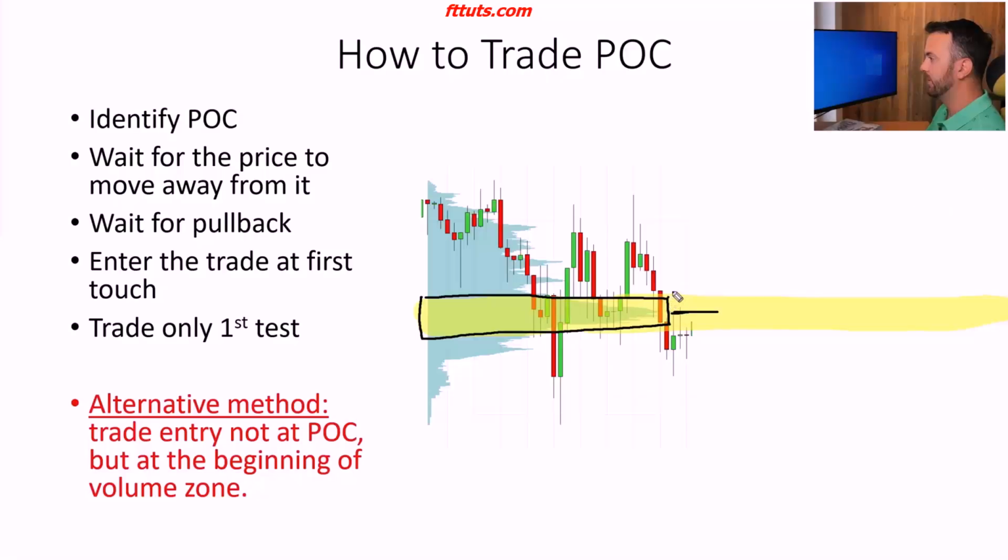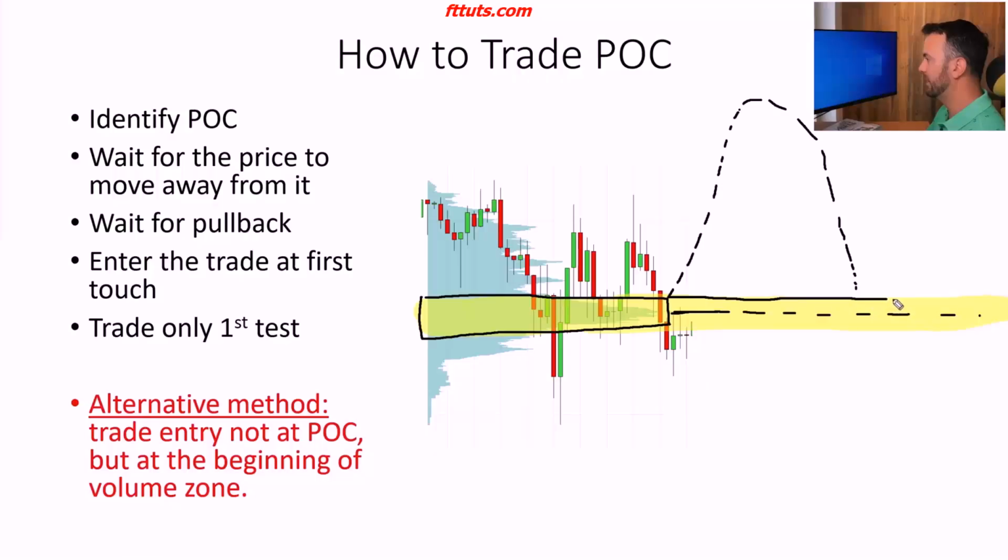So if the price goes up from there, makes a pullback, then I don't actually place my trade at the point of control line, but I place my trade at the beginning of that heavy volume zone, which is here. This is my long trade entry at this place. The reason is that I started to notice that I'm missing many trades when I was trading from the point of control, from that level exactly.